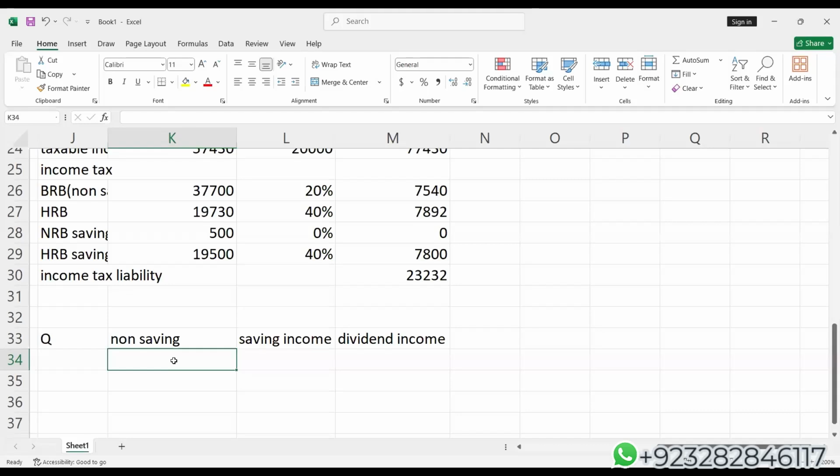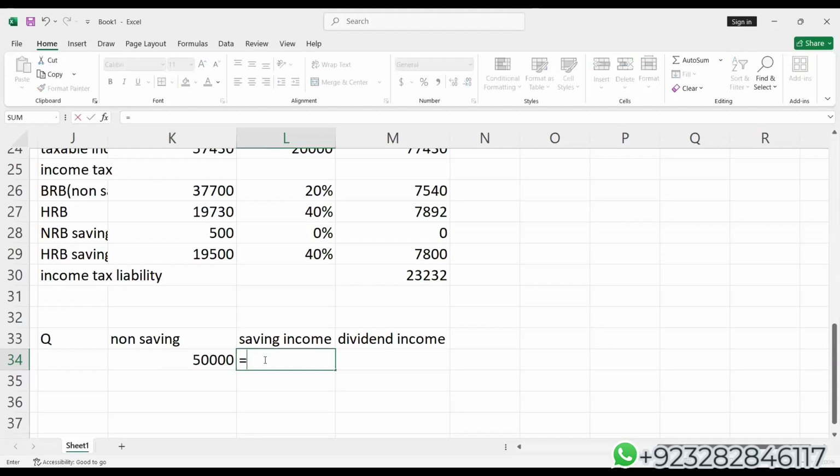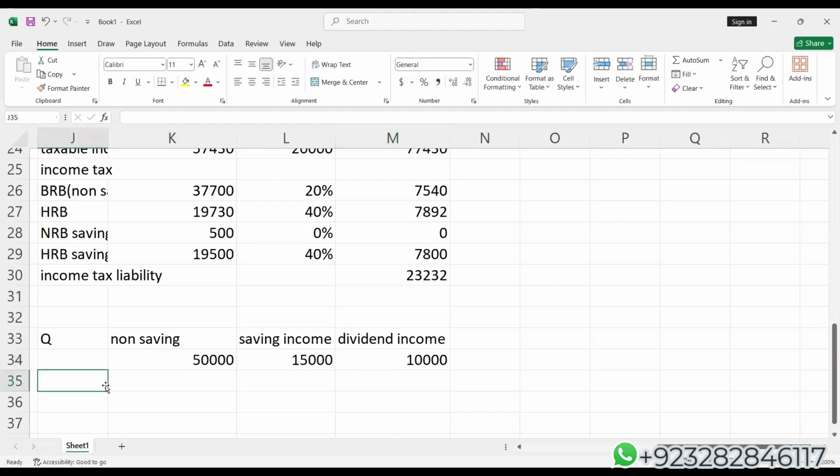Non-saving is, let's say, 50,000. Saving income is 15,000. Dividend income is, let's say, 10,000. The requirement is income tax liability, the same.